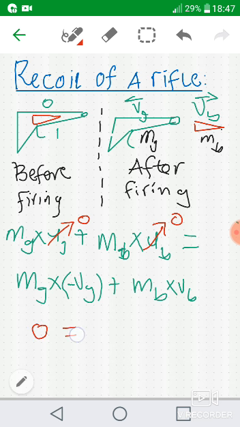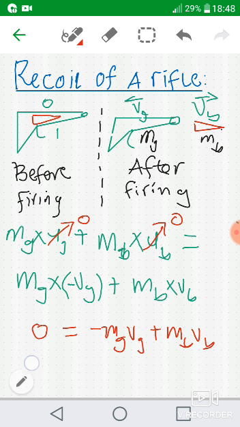That total initial momentum should be equal to the final momentum. The final momentum is negative mg vg plus mb vb, for the gun and the bullet.